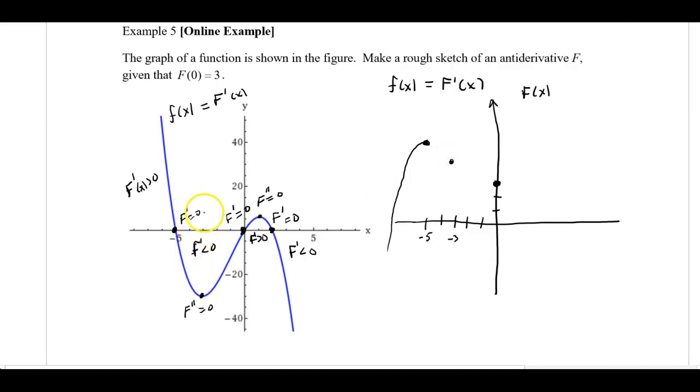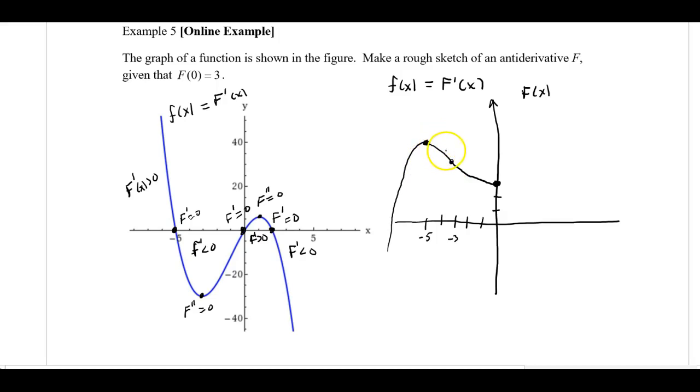From -infinity all the way to -3, it's concave down. And then right after -3, the graph will be concave up. So you see that change in curvature here.